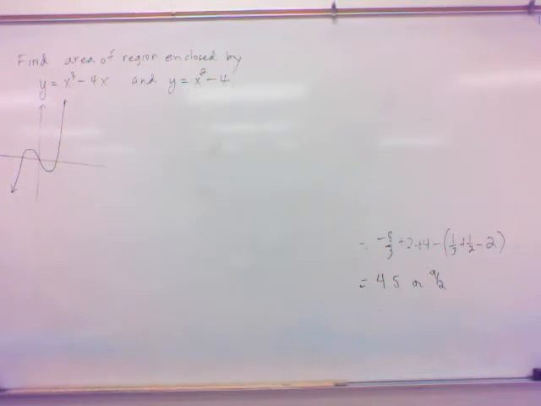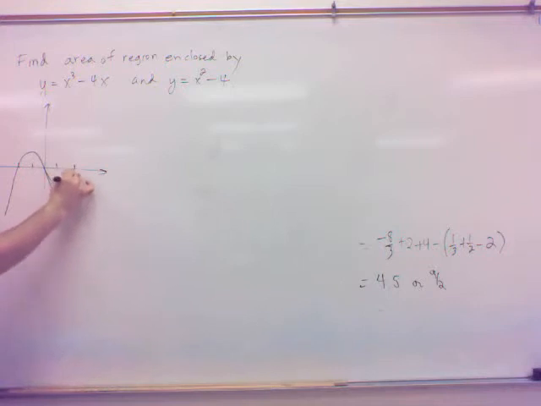Well, let me go ahead and put it on here with mine. Let me draw it a little bit wider perspective here. Here's 1 and 2. Here's 1 and 2. There's the x cubed one. And x squared minus 4, well, it comes down a little lower than that, obviously.